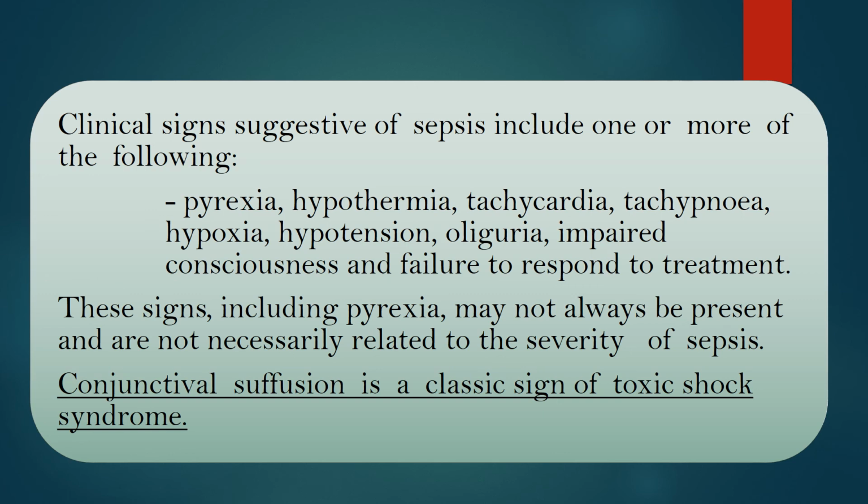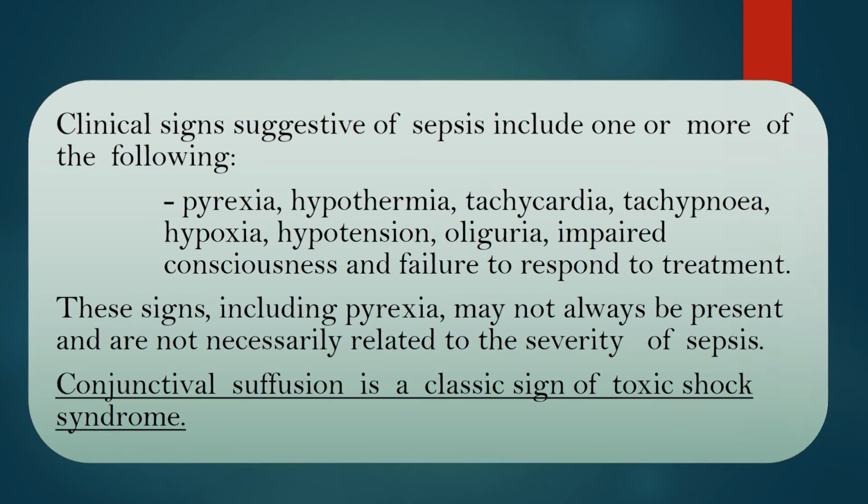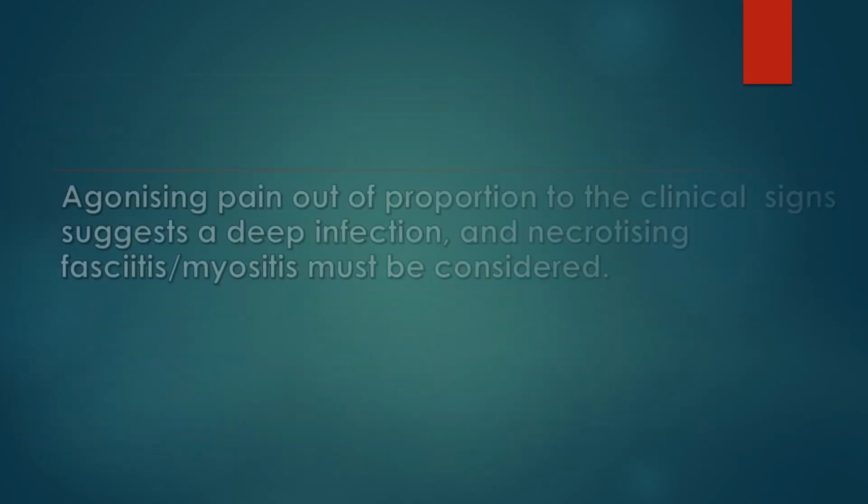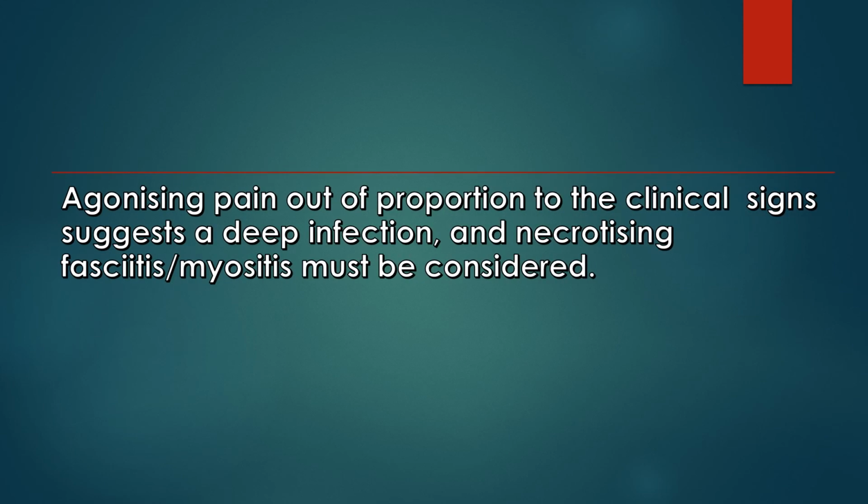Conjunctival suffusion is a classic sign of toxic shock syndrome. Agonizing pain out of proportion to the clinical signs suggests a deep infection, and necrotizing fasciitis or myositis must be considered.